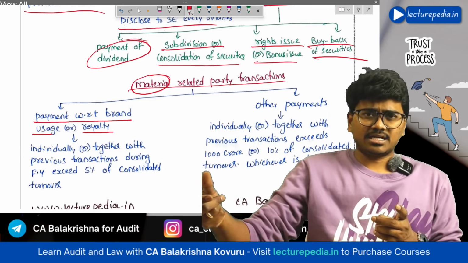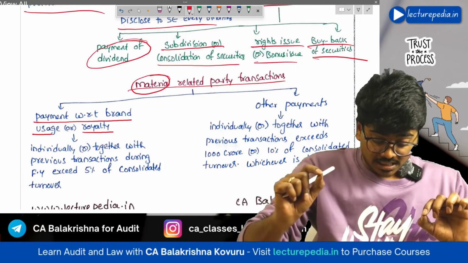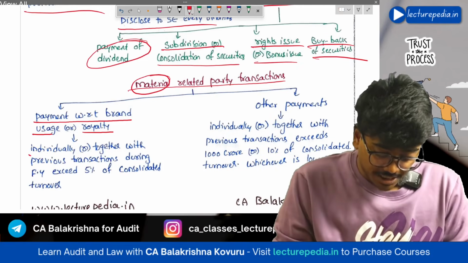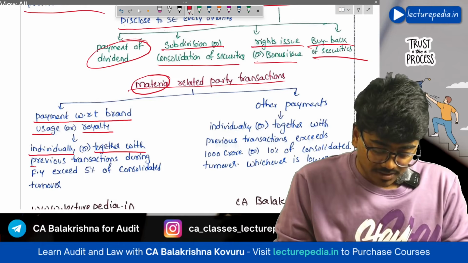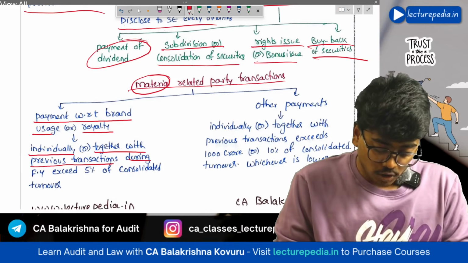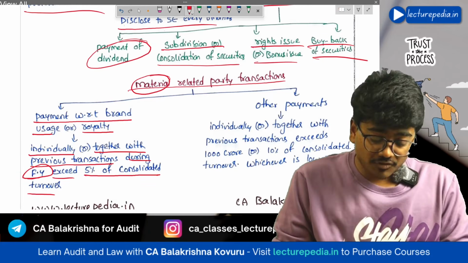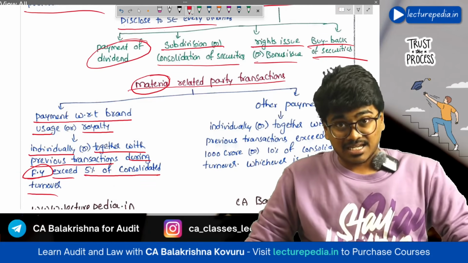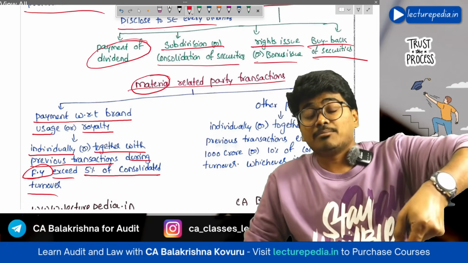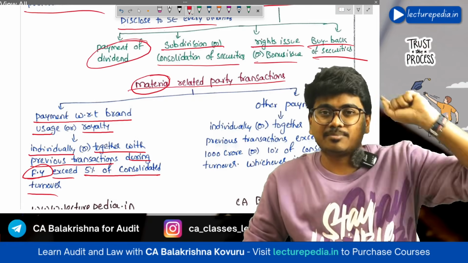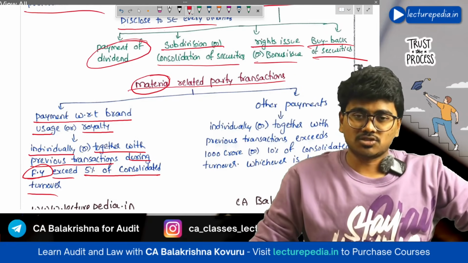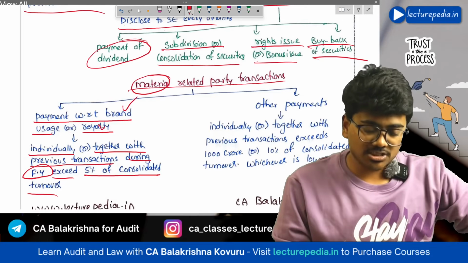This is a related party transaction, right? Now, if this transaction individually or together with previous transactions during the financial year exceeds 5% of consolidated turnover, then such a transaction will become a material related party transaction, in case of payment for brand usage or royalty.